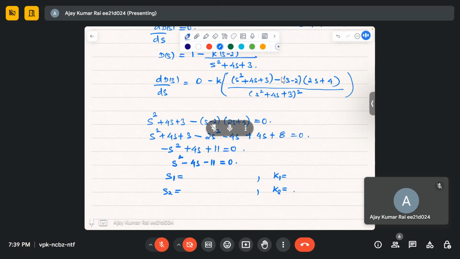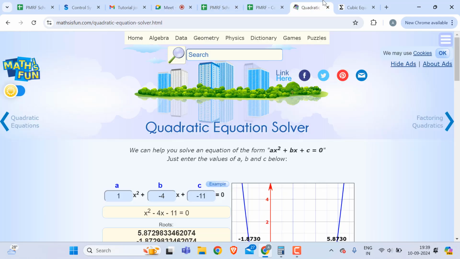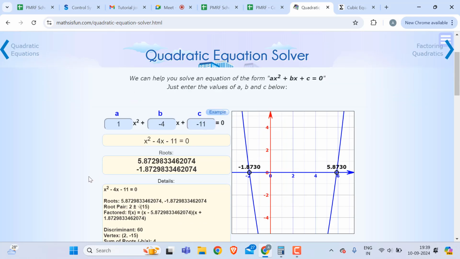Let me first calculate the roots. So the two roots are, s1 is coming out to be minus 1.87, and the other root is 5.87.